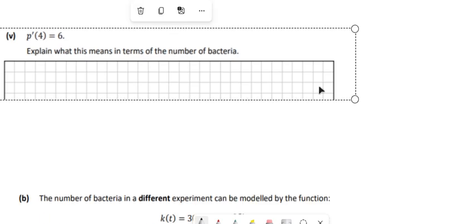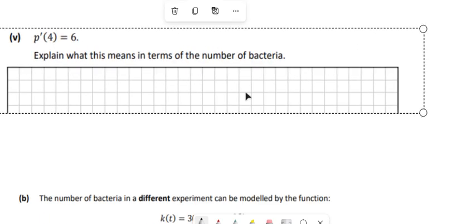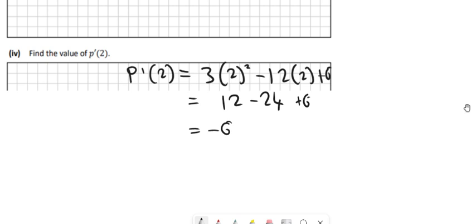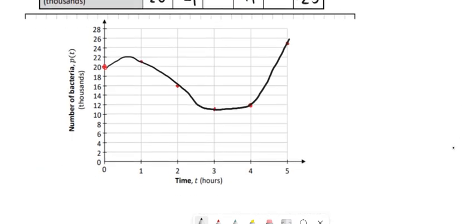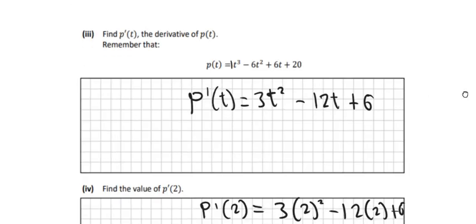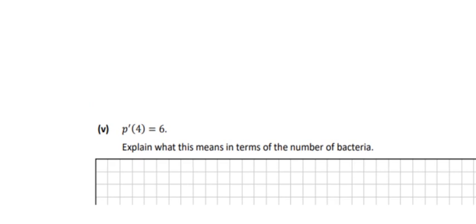I'll explain what this means in terms of bacteria. So p dash 4 is equal to 6. So that means that the slope at the point 4 would be equal to positive 6, was it? Yeah.